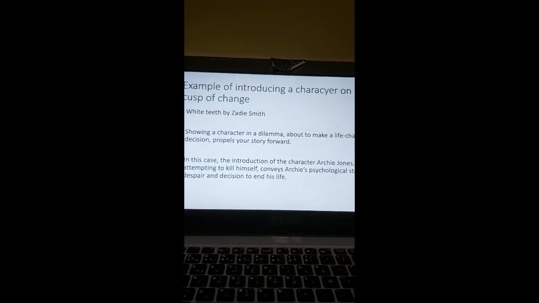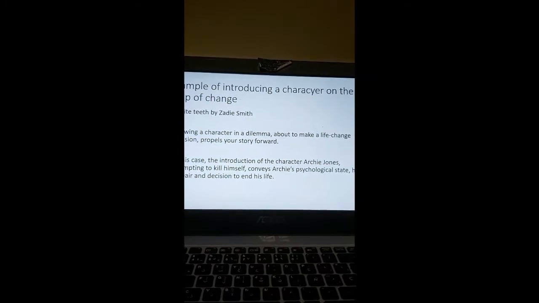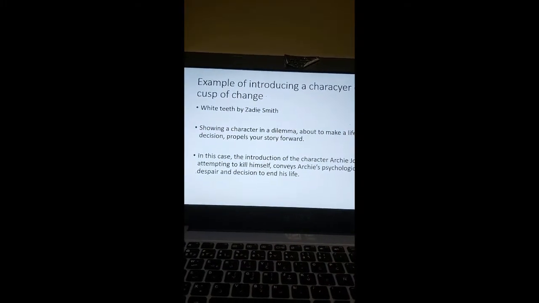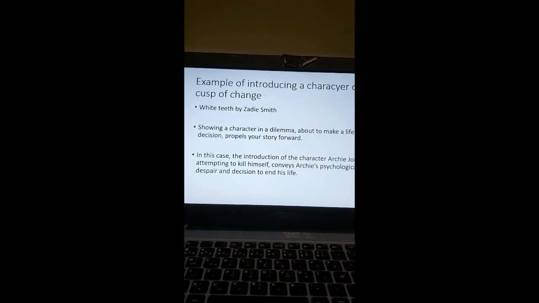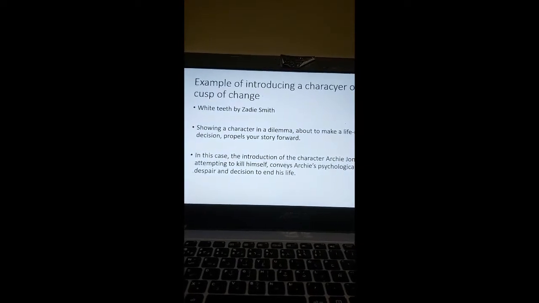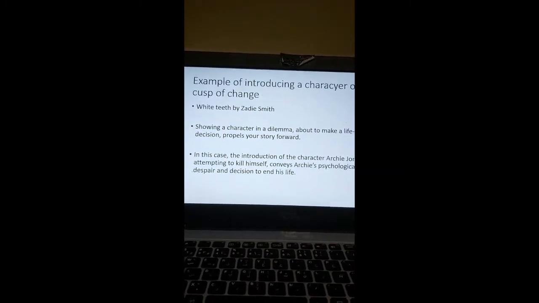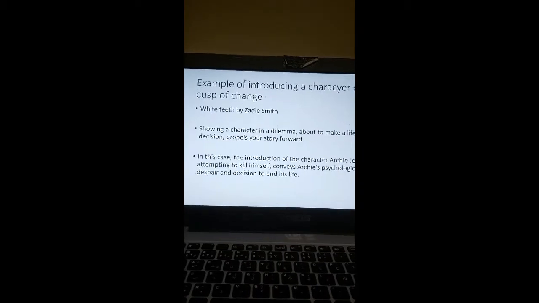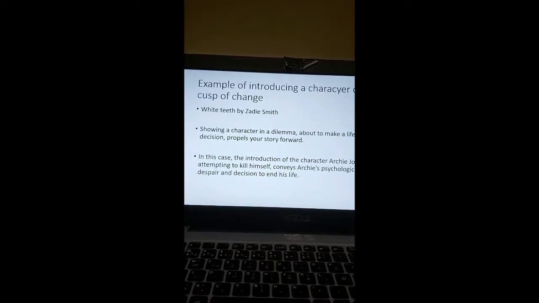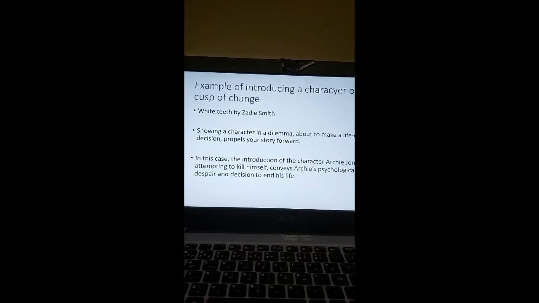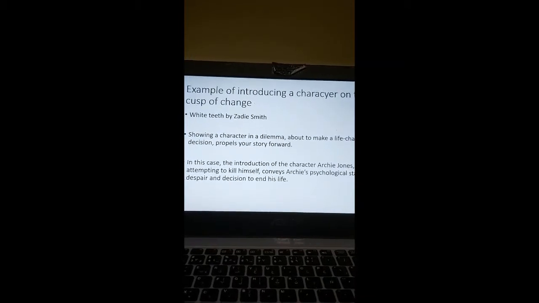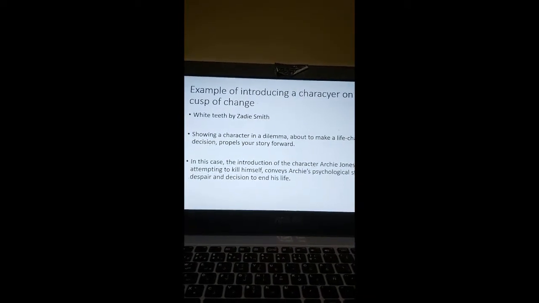The next one is introducing a character on the cusp of change. For instance, we have White Teeth by Zadie Smith. In this way, the author can show a character in a dilemma about to make a life-changing decision, which propels the story forward.